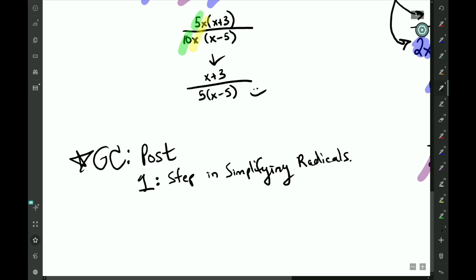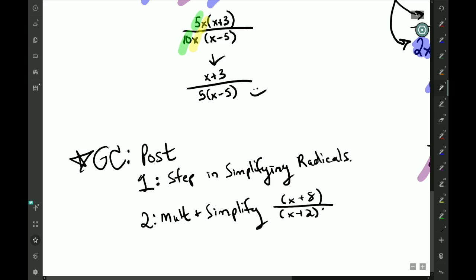And 2, I'd like you to give your best shot at simplifying, so multiply and simplify the expression x plus 8 over x plus 2, x plus 5 times x plus 5 over x plus 8.